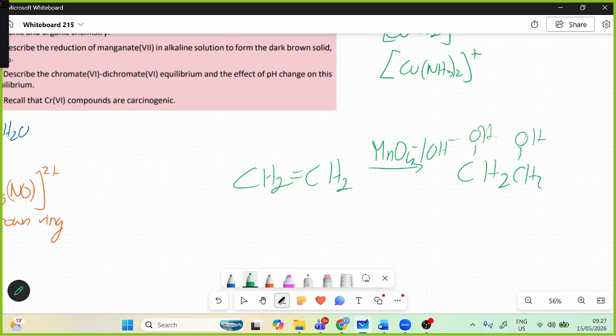Whenever you have this reaction, you are making MnO2. I've seen students do it with Mn2+. To be honest, I think they still mark it as correct, but in the syllabus it's stated that it should be MnO2.